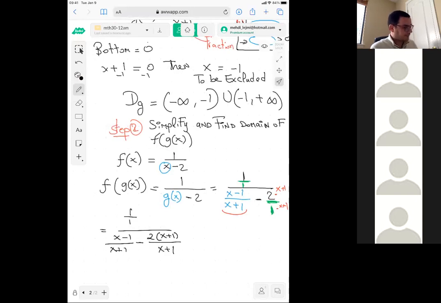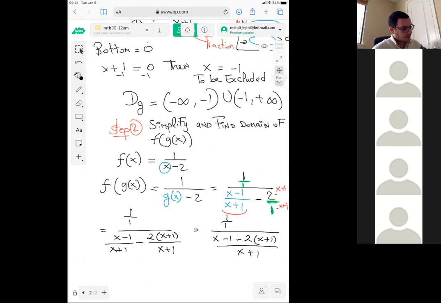So it's 1 over 1, and in the denominator we have a subtraction of fractions. It's x minus 1 minus 2 times x plus 1, keeping the common denominator x plus 1.